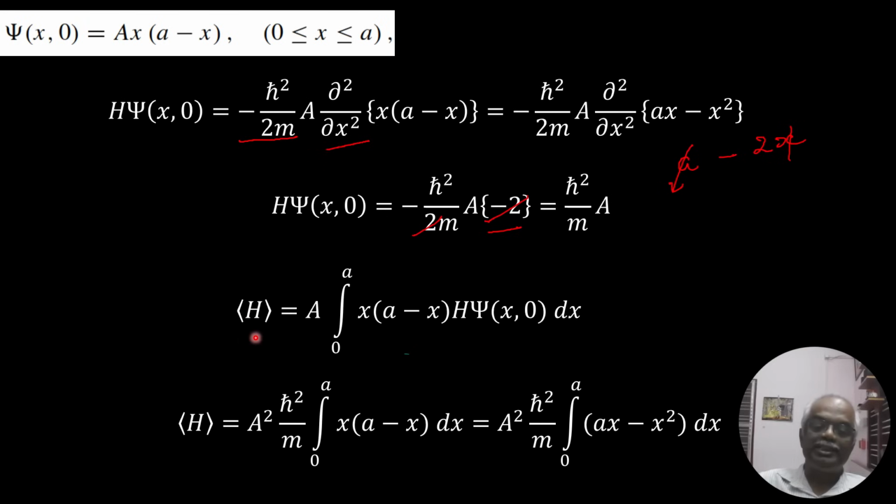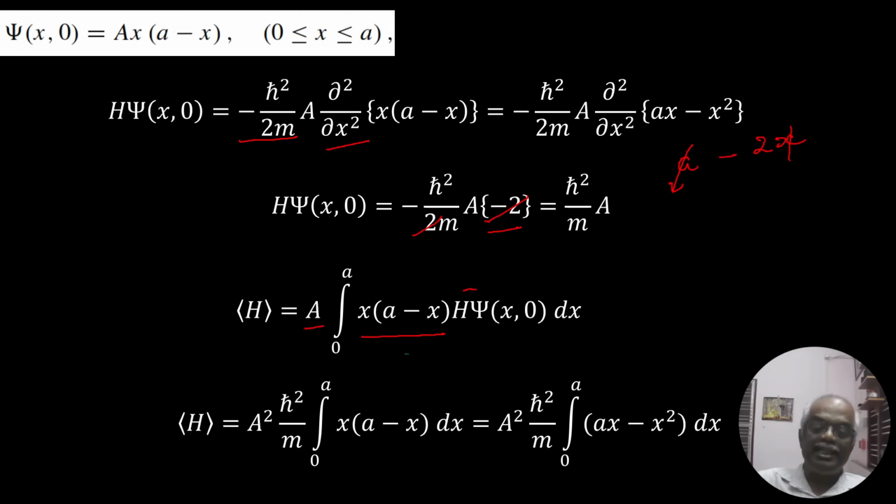Then what is the expectation value of the Hamiltonian? The wave function is A x multiplied by (a minus x), where of course that is a capital A, and H acts on it. So we have seen H acts on psi.